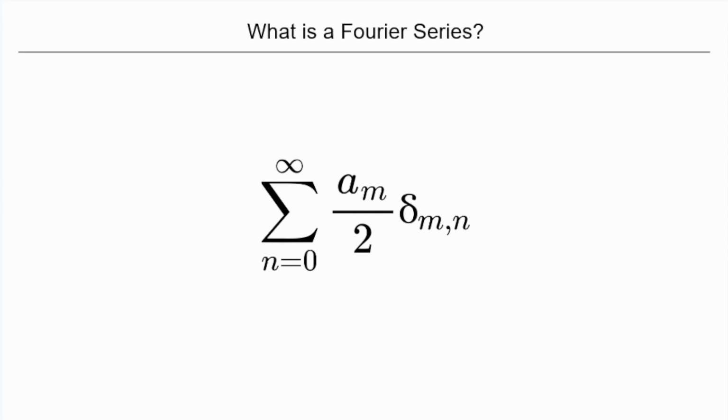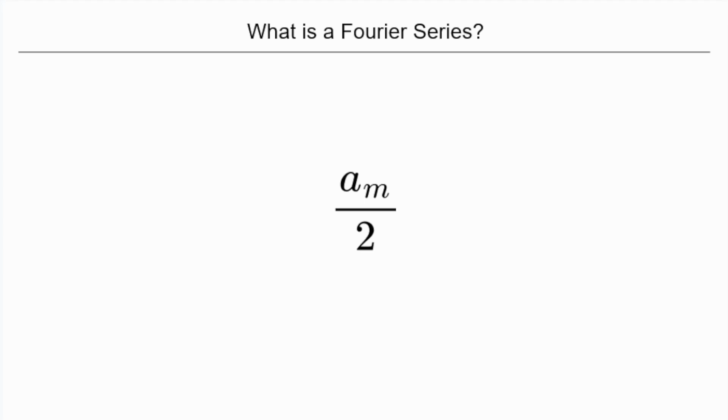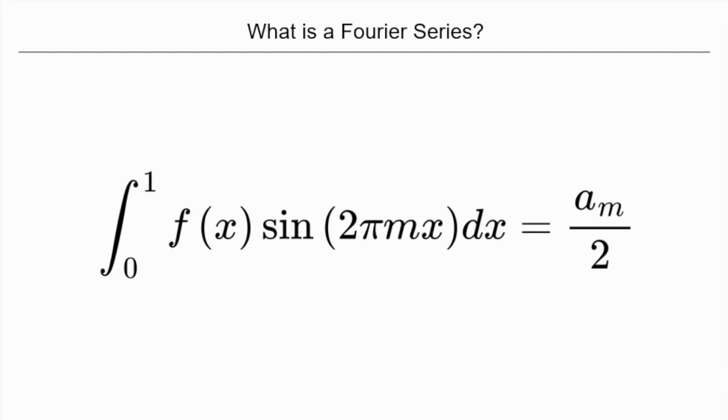But if you take the sum, where n goes from 0 to infinity, eventually it will once be the same as m, and for every other value of n, it will be 0. So this is just a_m divided by 2. So what we have is that the integral from 0 to 1 of f(x) multiplied with sine of 2 pi mx is a_m divided by 2.